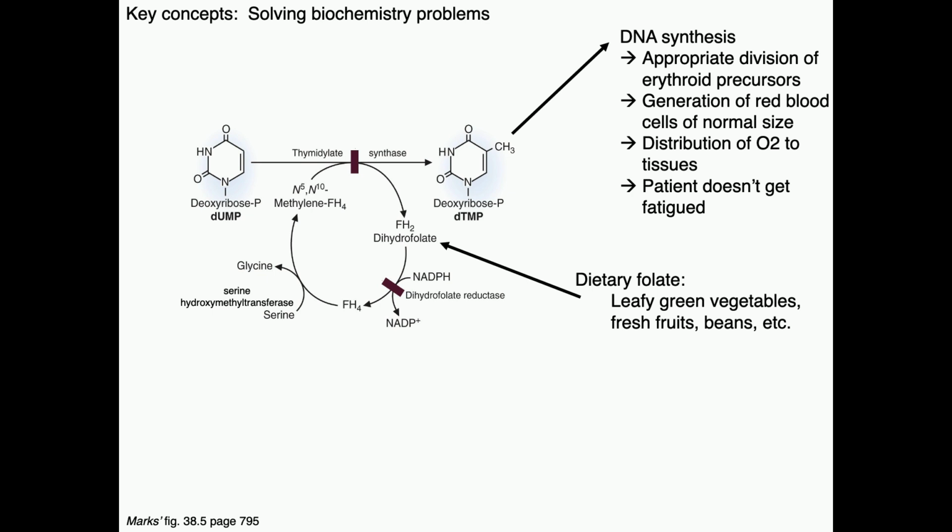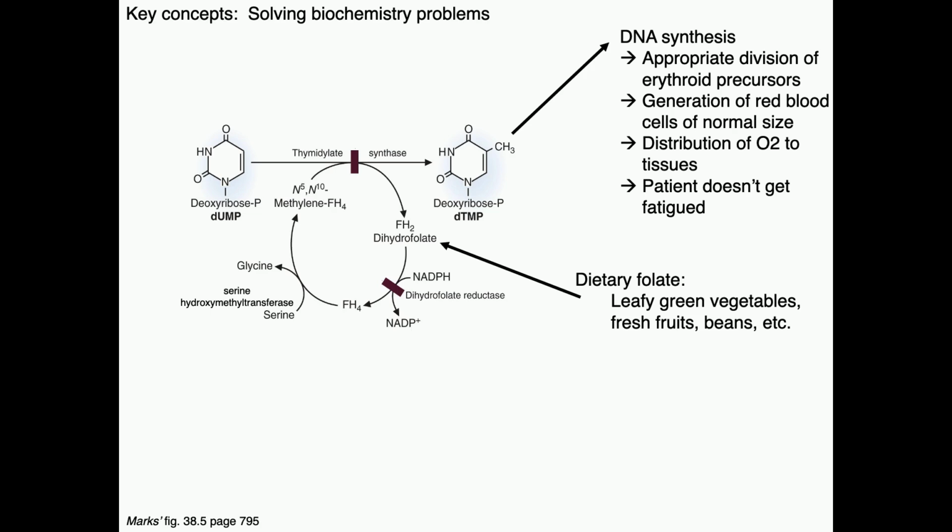Okay, so the donor for that methyl group is derived from a vitamin that comes ultimately from folic acid. So the folic acid ultimately becomes tetrahydrofolate. That tetrahydrofolate takes a single carbon from the amino acid serine and then donates that carbon to the uridine monophosphate to make the thymidine monophosphate.